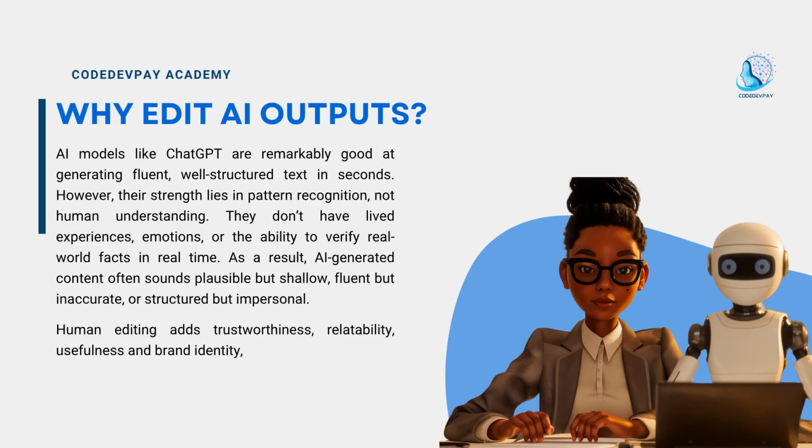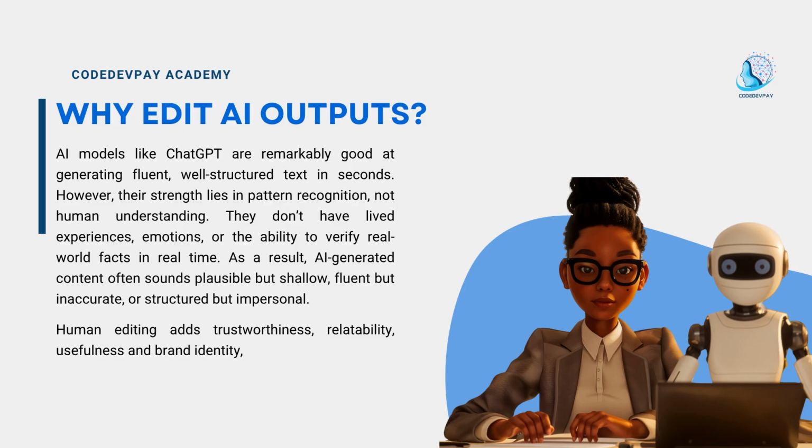So, what does human editing add to the AI generated content? The first one is trustworthiness. AI can unintentionally introduce hallucinations, which means that the information sounds true but is completely false.